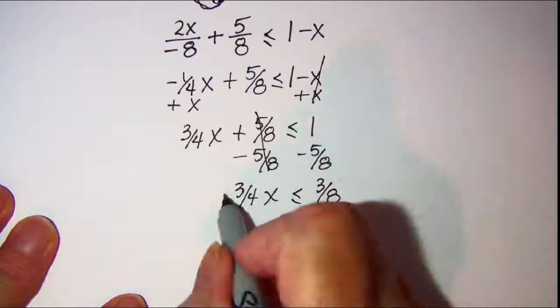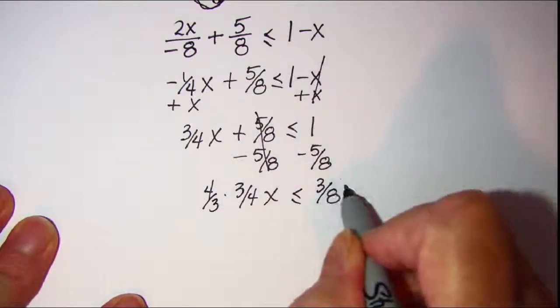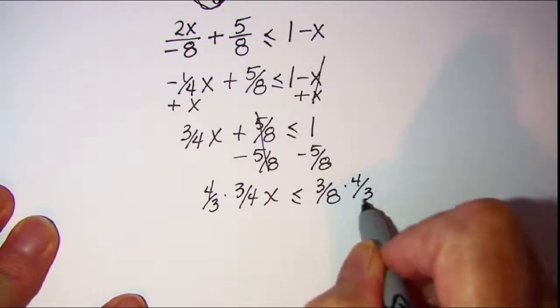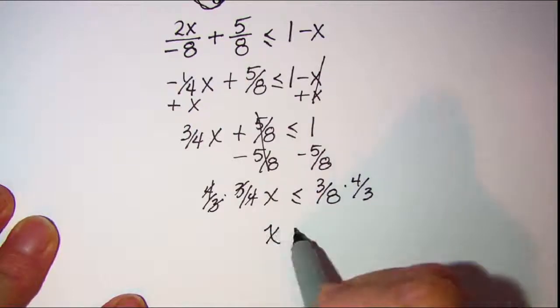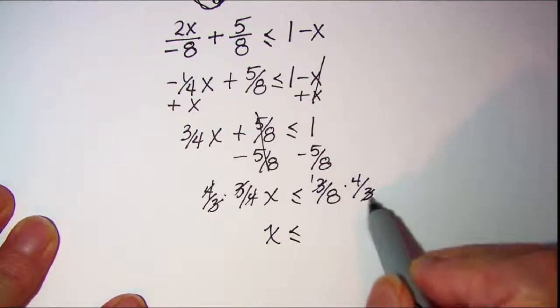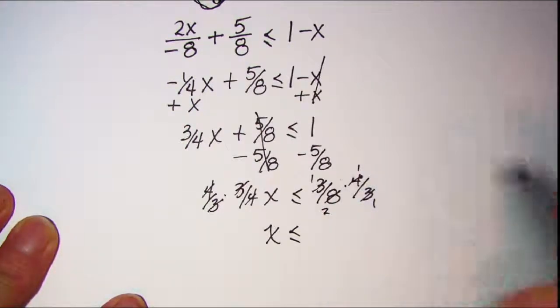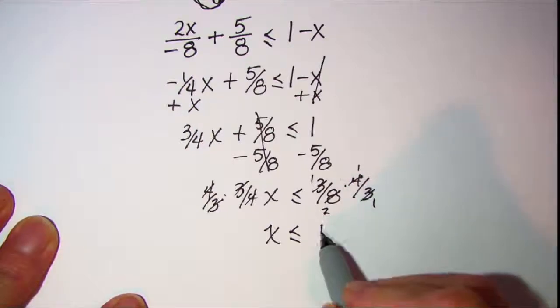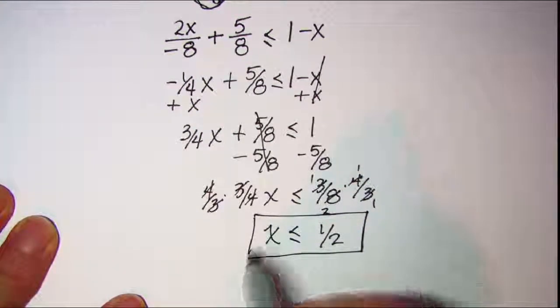I'll do that by multiplying both sides by the reciprocal, 4/3. So this cancels, and I have x is less than or equal to, see, the 3's cancel, and then 4 divides both of these, and I have 1/2. So x is less than or equal to 1/2.